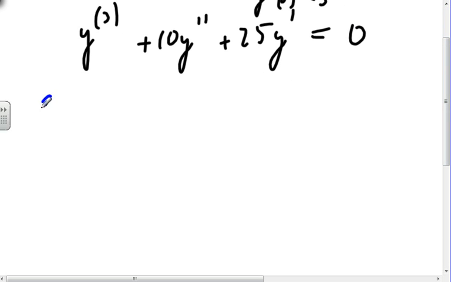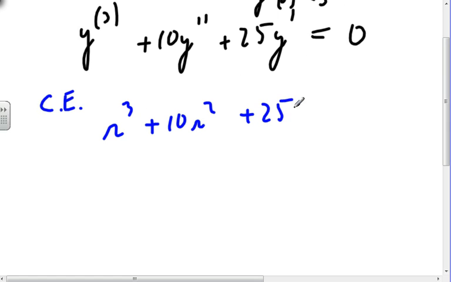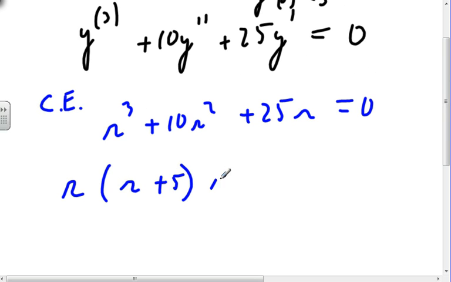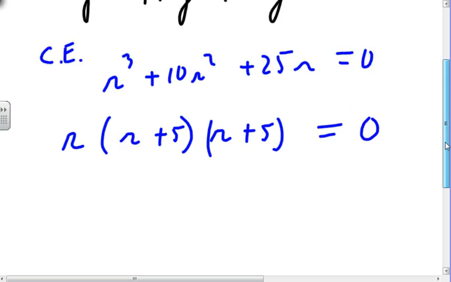Okay, well, I have a characteristic equation. R cubed plus 10r squared plus 25r is 0. I have r times (r plus 5) times (r plus 5) is 0.